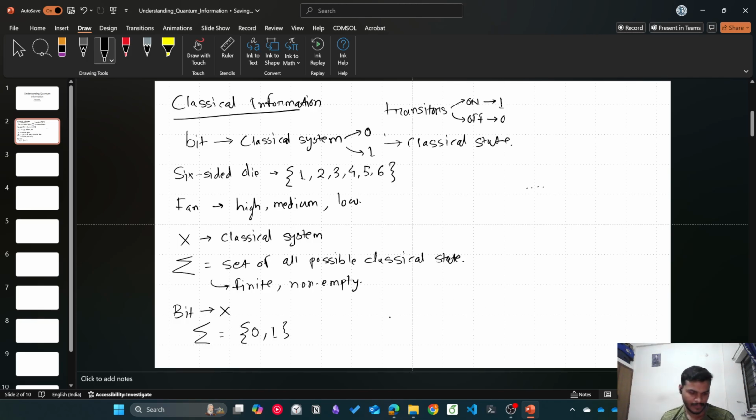So if we consider the bit, it can be either in 0 state or it can be in 1 state, right? When you are looking at the bit, or when you are measuring the bit. Here, looking at is known as measuring the bit. But let's say there is a bit and you're not looking at it.